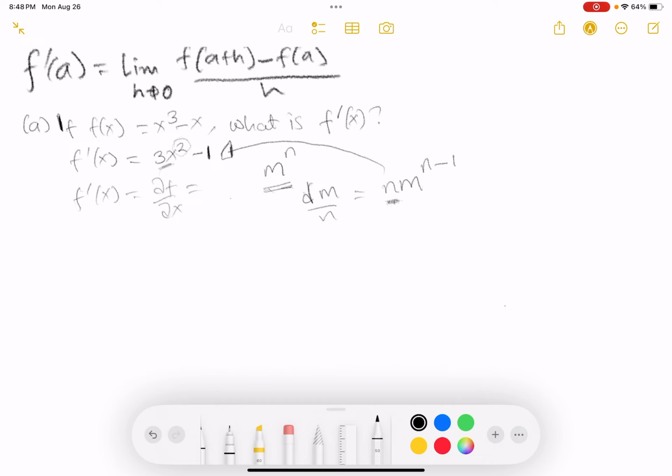The derivative of a variable, say x, is equal to 1. The derivative of a constant is equal to 0. So that's how you go about it.